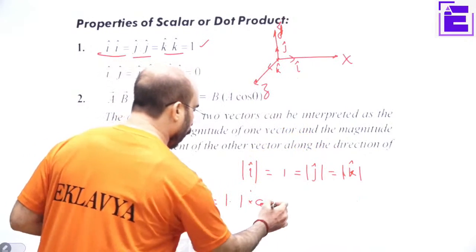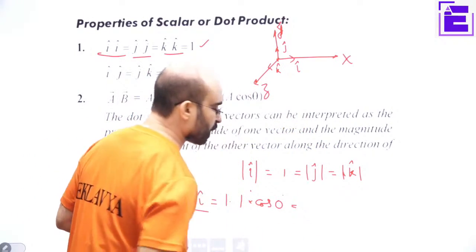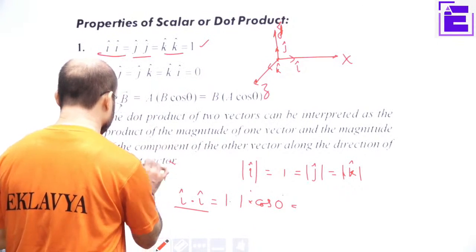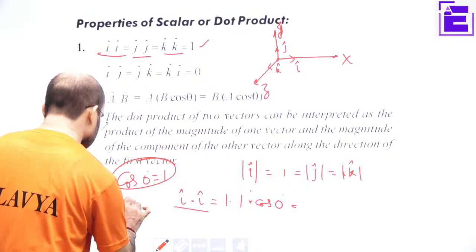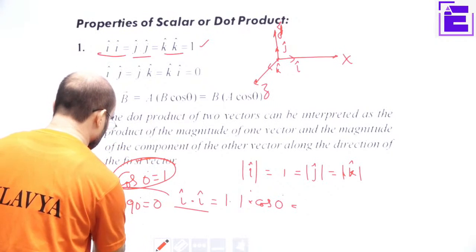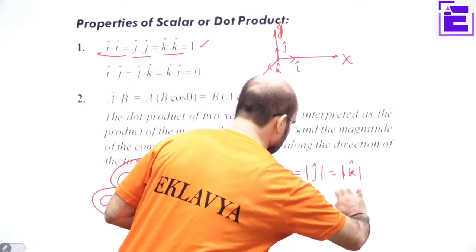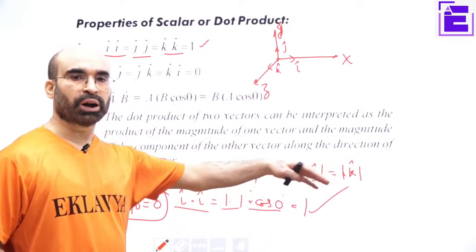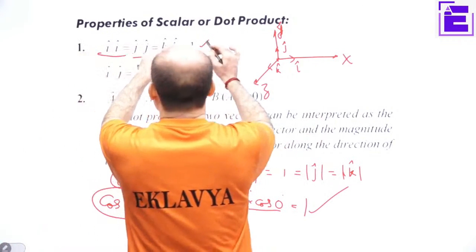Yes. So cos 0 degree. What is cos 0 degree? Cos 0 degree is 1. Cos 90 degree equals 0. So this is ultimately 1. Cos 0 is 1. 1 into 1 into 1 is 1.